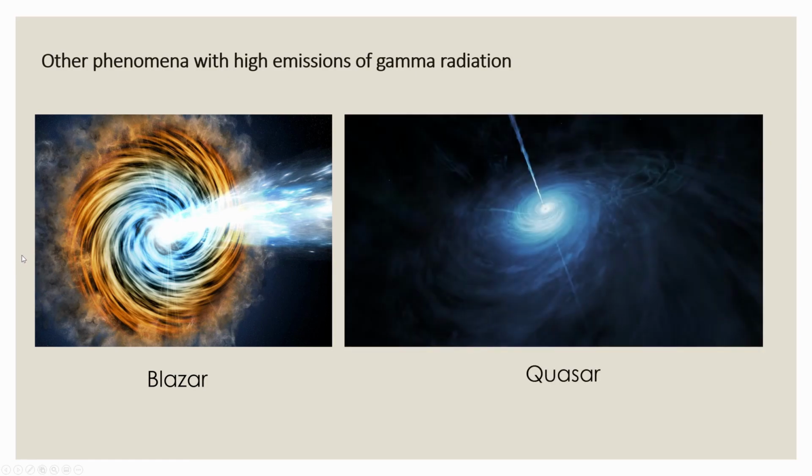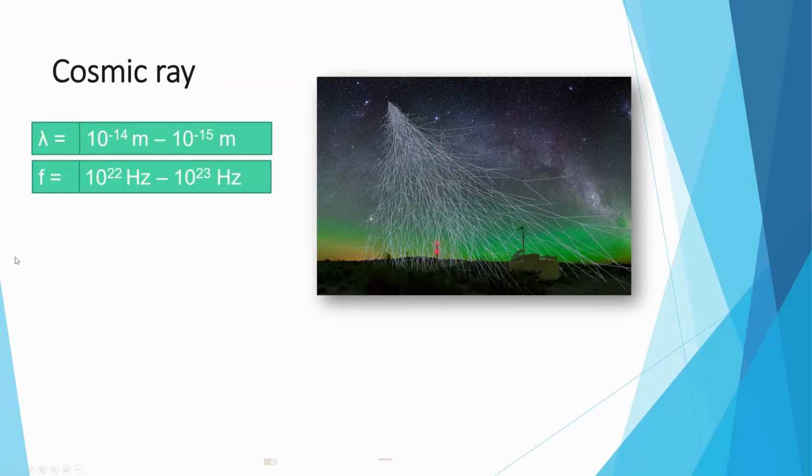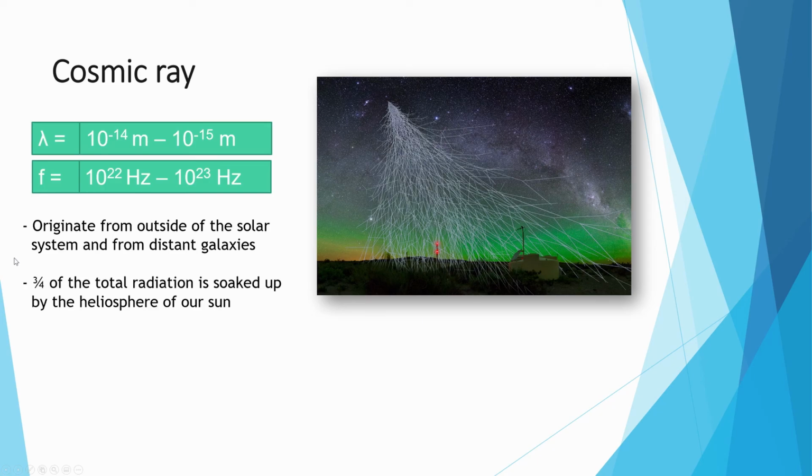Finally, we have the cosmic ray, which not only consists of electromagnetic radiation, but also of other particles. It is emitted from outside of the solar system, for example, from distant galaxies. Luckily, around 3/4 of the total radiation is soaked up by the heliosphere of our Sun.